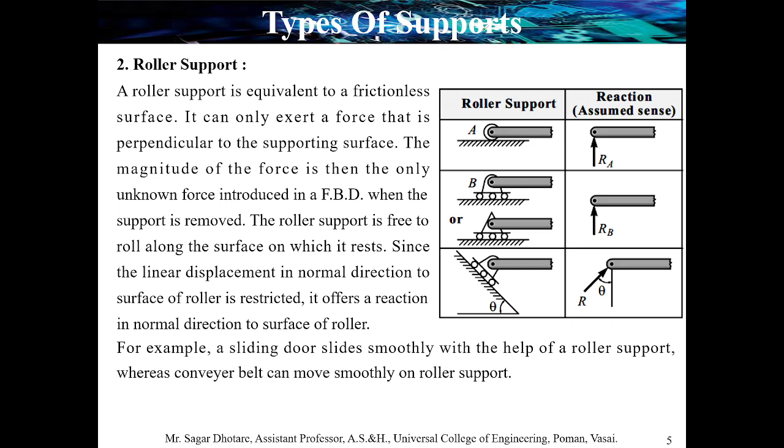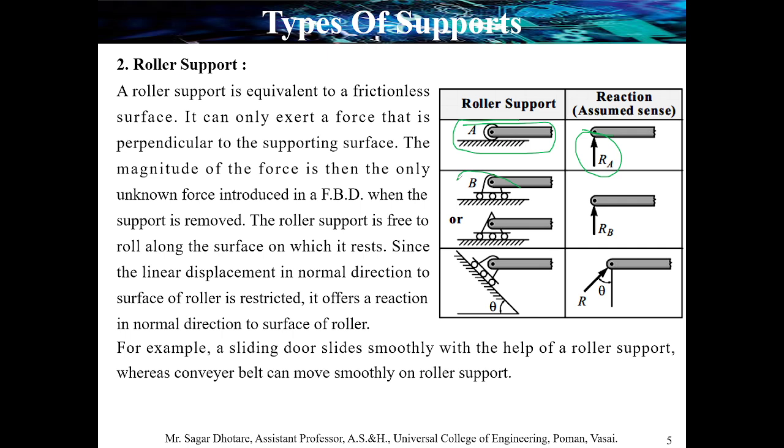In simple words, if the slider is rotating in a horizontal direction, there is only one reaction, which is perpendicular to that direction, that is, a vertical reaction. So when you look at the position of the roller, the reaction is perpendicular.